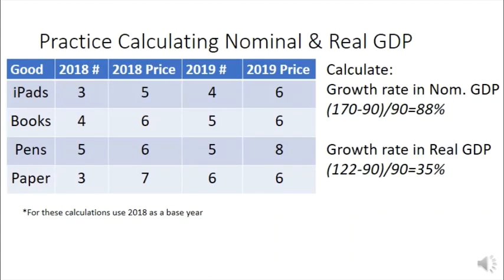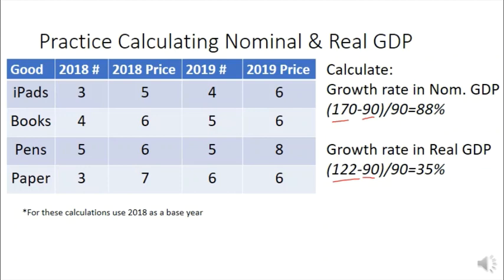Let's practice using this formula from the real and nominal GDPs we calculated in the last lecture. So last lecture, we calculated that nominal GDP in 2018 was 90. Since 2018 is the base year, that's also real GDP in 2018. We also calculated nominal GDP in 2019 was 170, and real GDP in 2019 was 122.